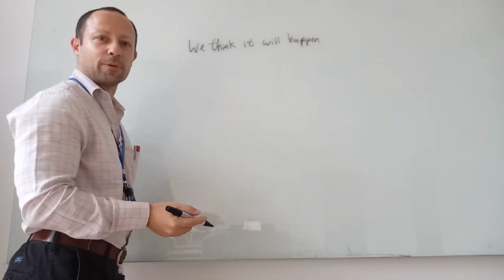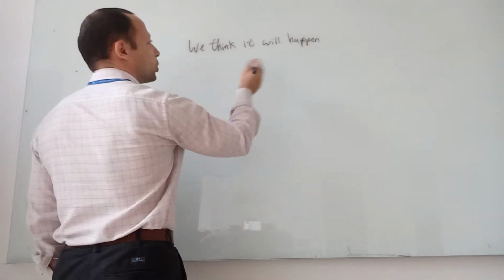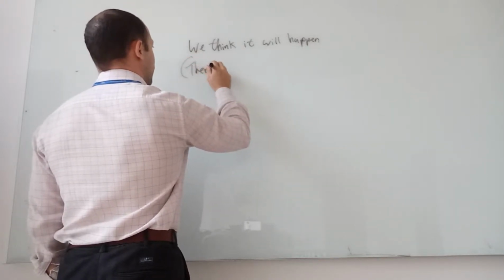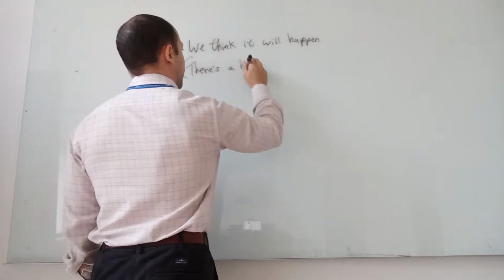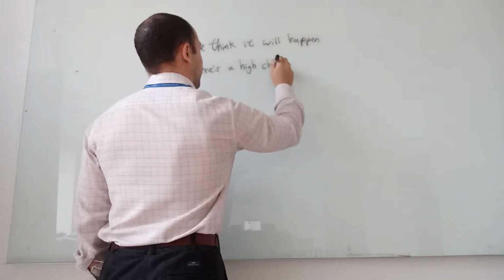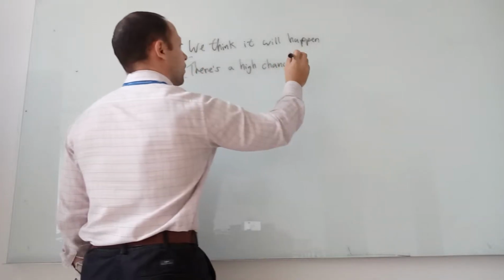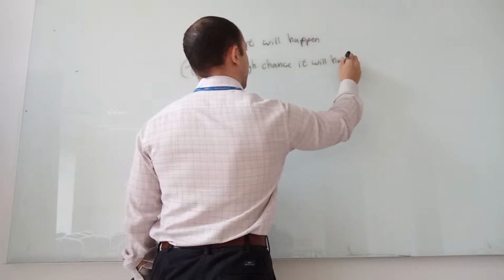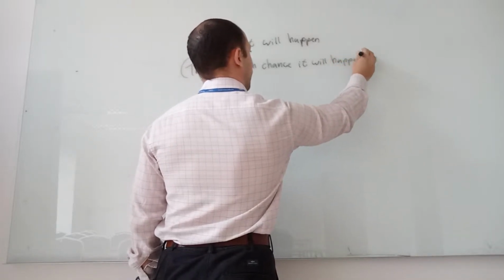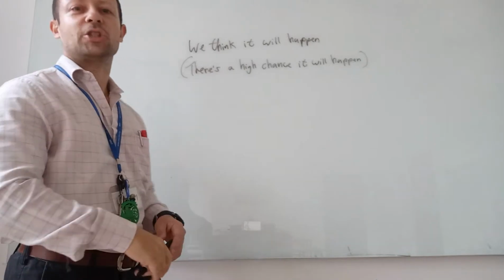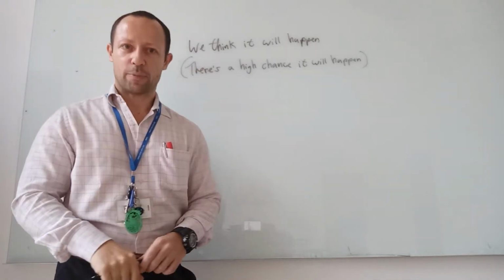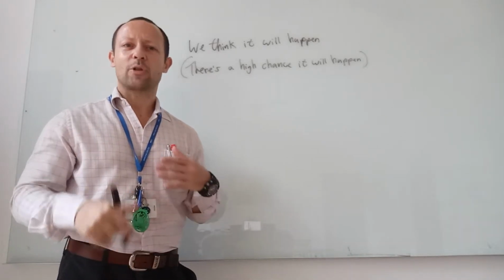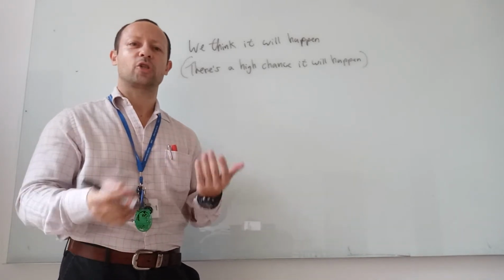We think it will happen, which also means that there's a high chance it will happen. This is the basic for a first conditional sentence. Now look at the structure, then we'll go into some examples.